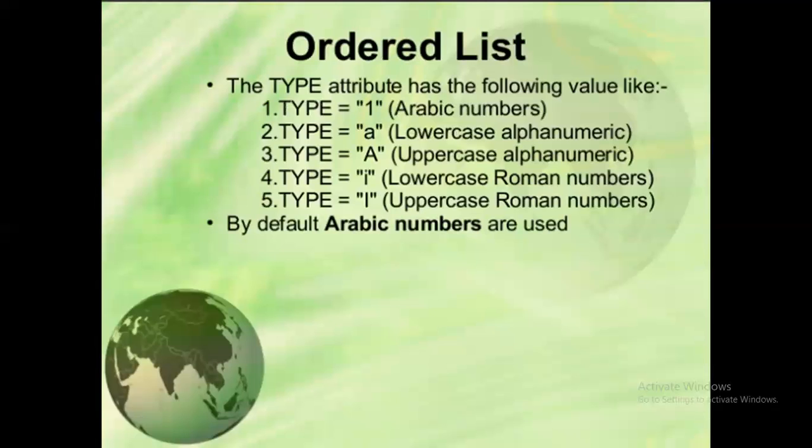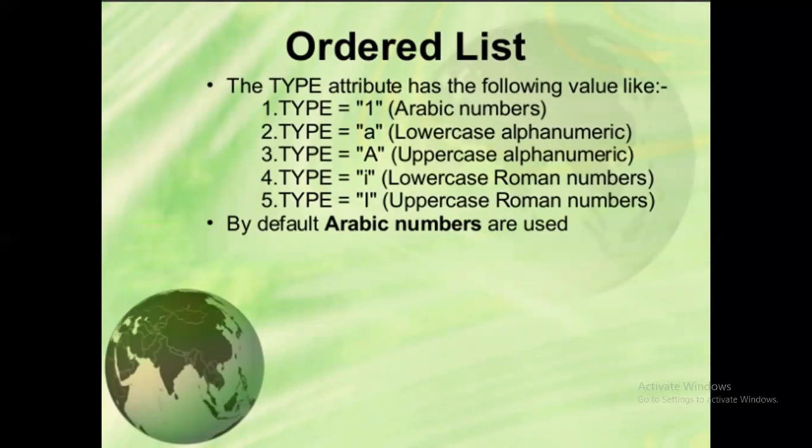In order to have this ordered list, we can have different types of arrangement. We can have Arabic numbers, lowercase alphabets, uppercase alphabets, and lowercase Roman, uppercase Roman, etc. We can have anything as we need. The only thing we are supposed to do is follow the correct tag.